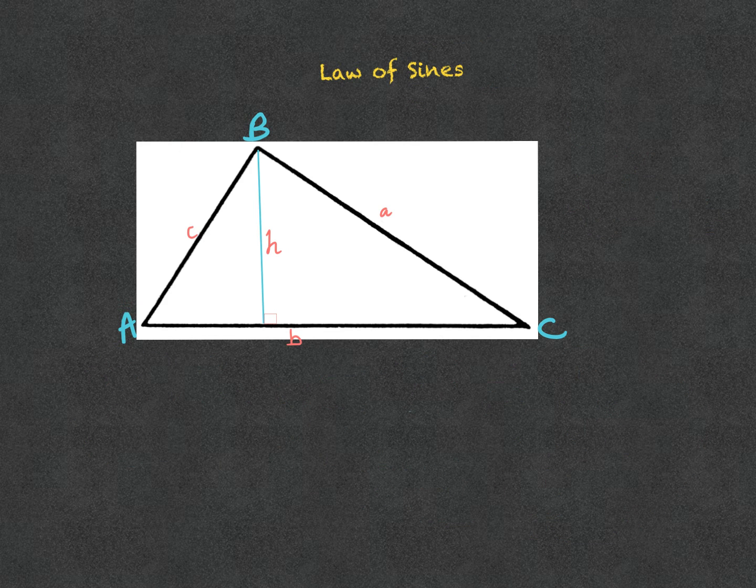Okay, so now that my screen has been cleaned off, I'm going to rewrite the trig ratio sine, which is opposite over hypotenuse. So we have it here. Okay. So in order to prove the law of sines, this is not the way we're going to use it. Remember, it's just to prove where it comes from. We're going to make a right triangle from one of the vertices to the opposite side.